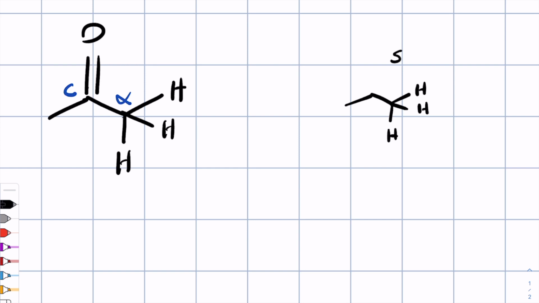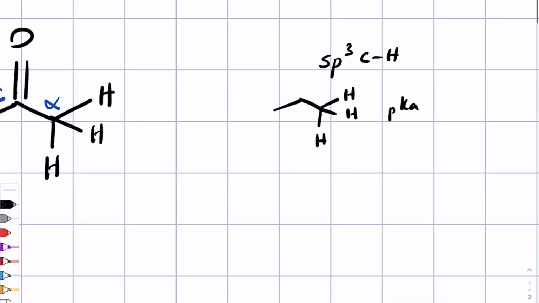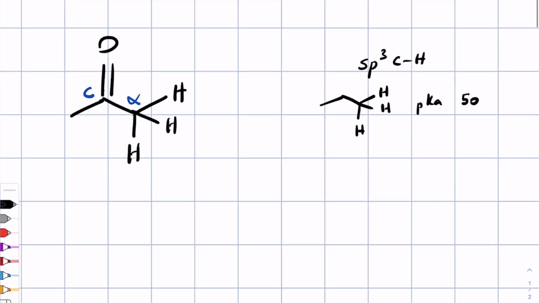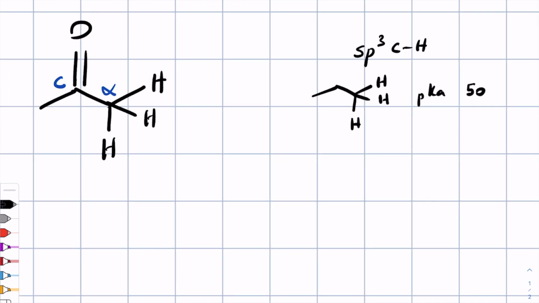hybridized carbon-hydrogen bond on a hydrocarbon was around 50, which is nuts. That just means that never in a gazillion years of the history of the universe did water ever remove a proton from a hydrocarbon like that, okay?